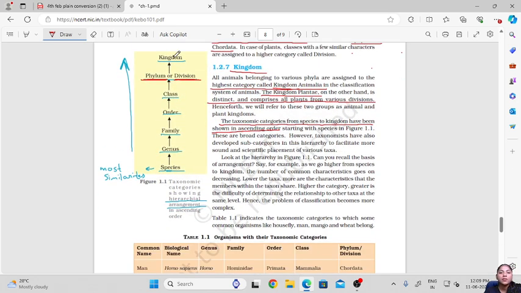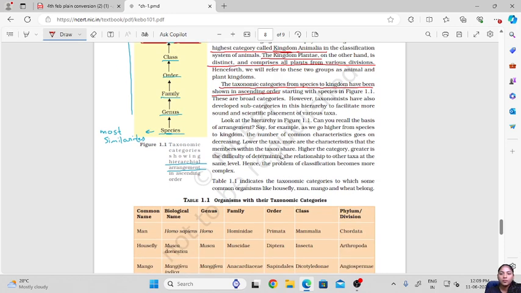So as I have already said, as we go higher from species to kingdom, the number of common characteristics goes on decreasing.